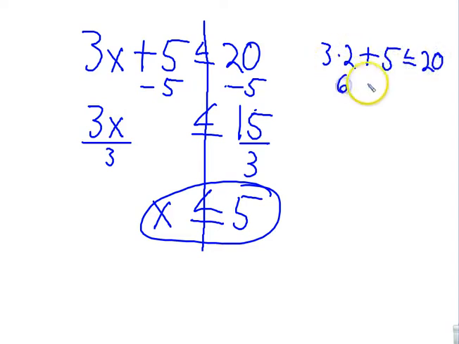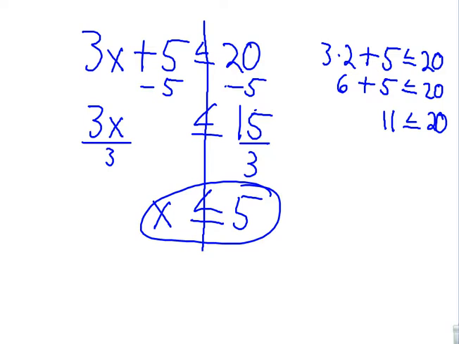Well, this is 6 plus 5 is less than or equal to 20, and 11 is less than or equal to 20. Yes, that works, okay? So what this is showing us is the answer is every number less than or equal to 5. So I can plug in any number equal to 5 or smaller than 5 and it will work.